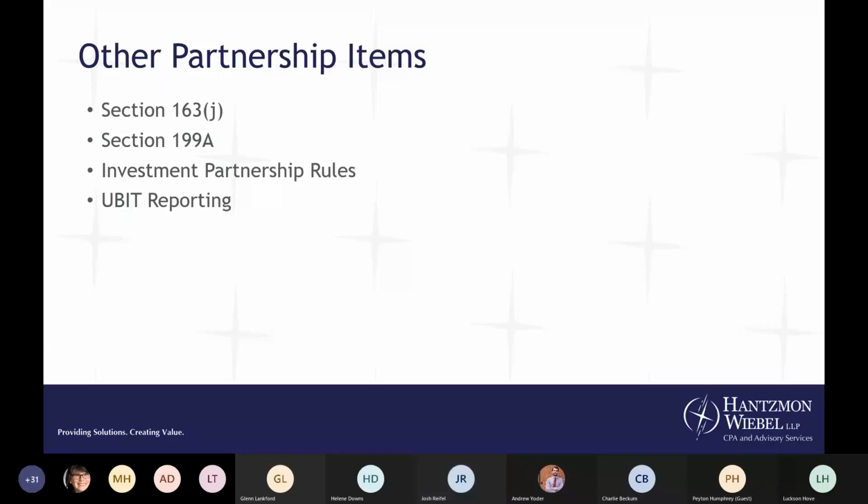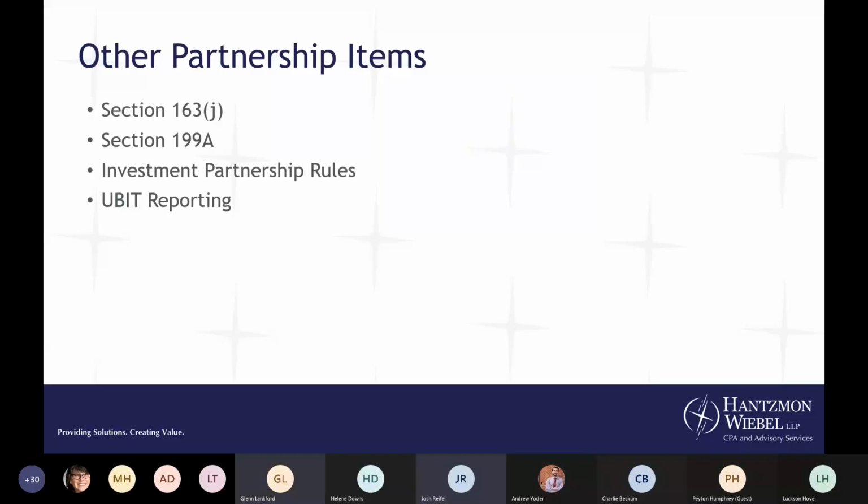And of course, if you're preparing a partnership return, you have to look at whether the partnership can elect out of the rules or not. I've probably only worked on a couple of clients that are subject to it, but it does happen. You do find that businesses are subject to that, in which case you have to present the information through the K1 so that the partners can act accordingly.